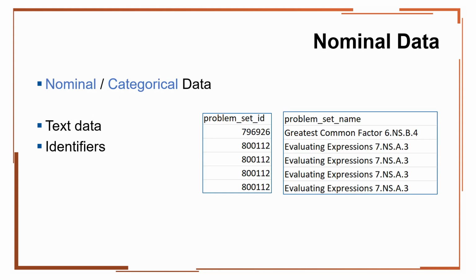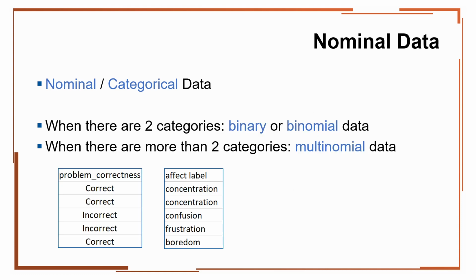Starting with nominal data. Nominal data describes categorical data. This might include identifiers, textual data, or other non-ordered, non-numeric features in our dataset. When a feature has just two categories, we might describe this as binomial.